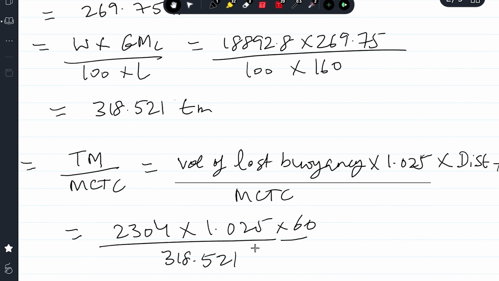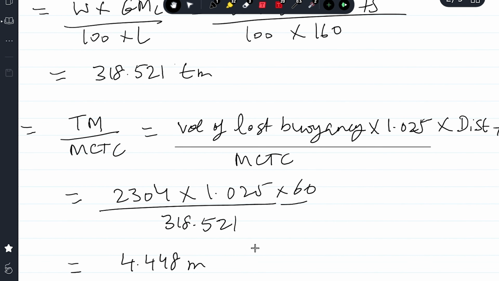upon MCTC. So the volume of lost buoyancy is 2304 meter cube multiplied by the saltwater density 1.025 multiplied by the distance between the center of gravity of the bilged hole and the new center of rotation F1. The distance from the new center of rotation to the center of gravity of the cargo hold is 60 meters.